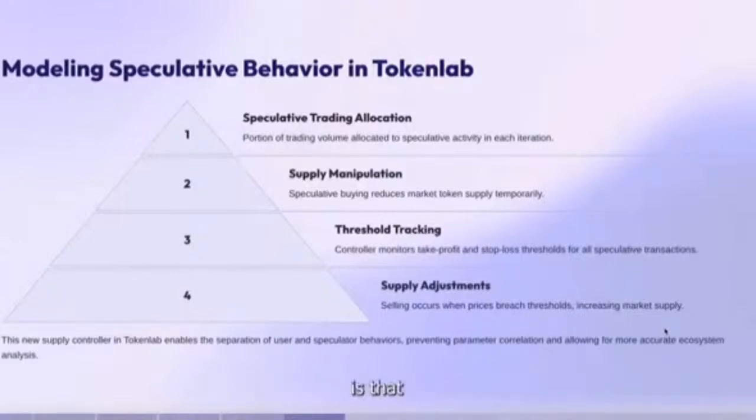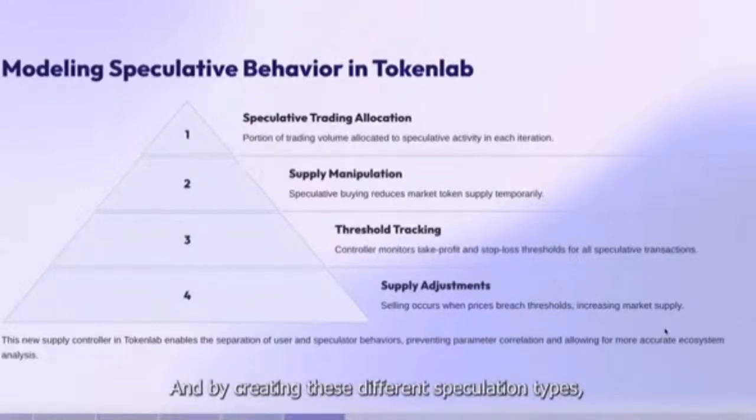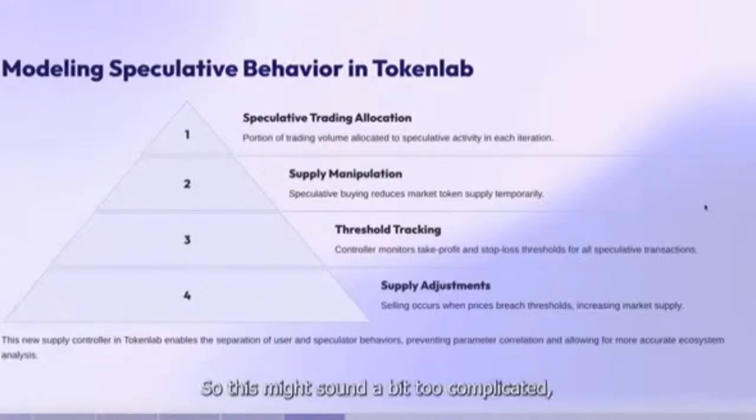The way the system works is that there are some basic token economy dynamics, and then there are pools of agents, like the speculators, that make decisions to buy or sell, depending on tracking the price dynamics as well as the price itself. This increases the complexity of the price dynamics because these agents remove tokens from circulation or add tokens to circulation. By creating these different speculation types, we can see how the price dynamics are affected. This might sound a bit complicated, but you're going to see why we did this in a second.